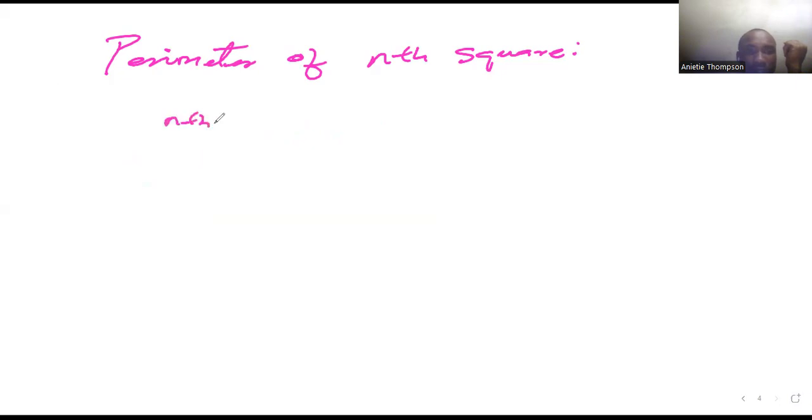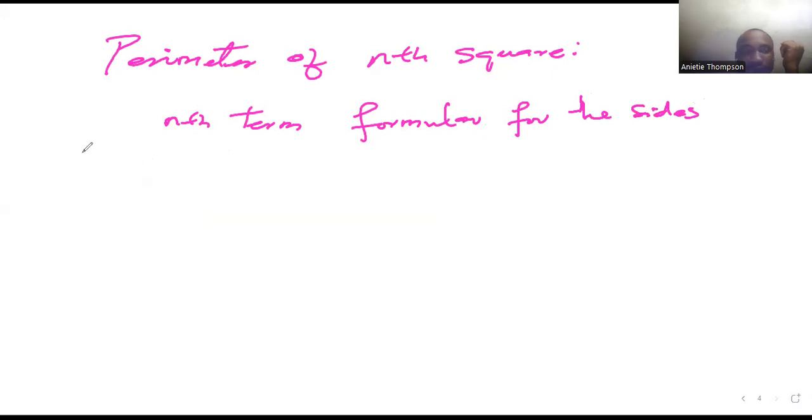The nth term formula of the side of the square is Tn equals x times r raised to the power of n minus 1.